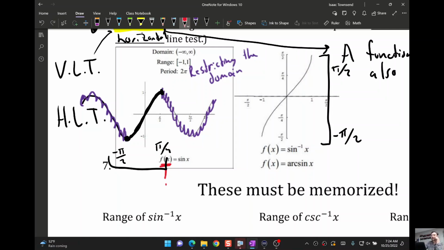And this one's range, negative 1 to 1, becomes that one's domain. When you swap input with output, you're also swapping domain with range. Possible x values become possible y values, and possible y values become possible x values.